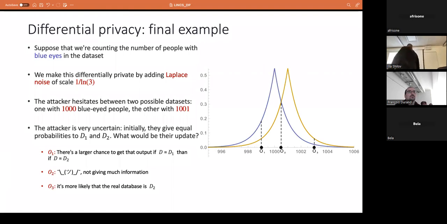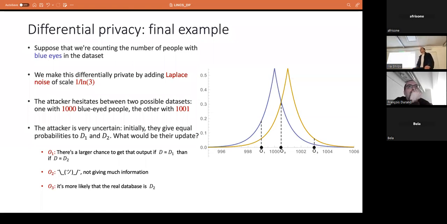For two data sets that differ only by one value, what do we give as a response to the query? We give a number obfuscated, biased by some Laplacian noise, so noise from the Laplacian distribution. This is the real one. This is the fake one with the one additional entry. And assume that the attacker doesn't know which data set is correct, so the attacker puts equal probability on each data set being correct.